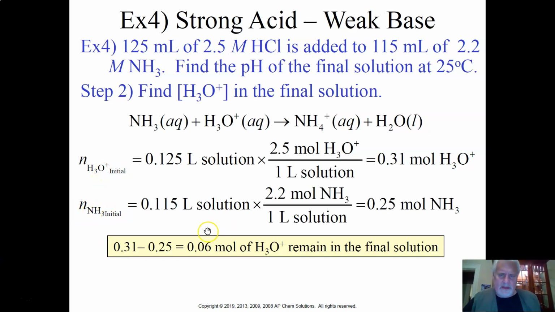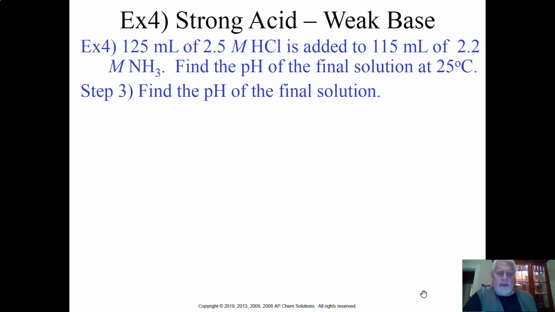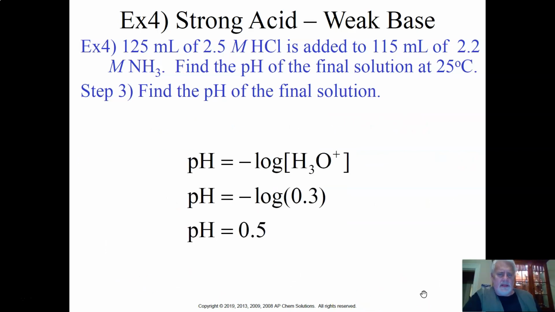I start with the NH3 right there, and I get 0.25 moles, and then you just subtract them, and you can show your work there. 2 places to the right, 2 places to the right, 2 places to the right, and that is the amount of H3O+ that remains in the solution in moles, but you got to do the concentration, which is that many moles divided by the total volume, or 0.3 molar. And now we can do our pH calculation.